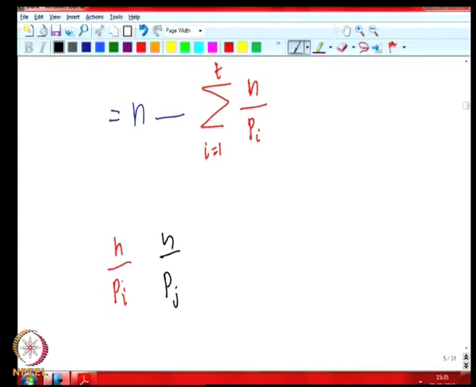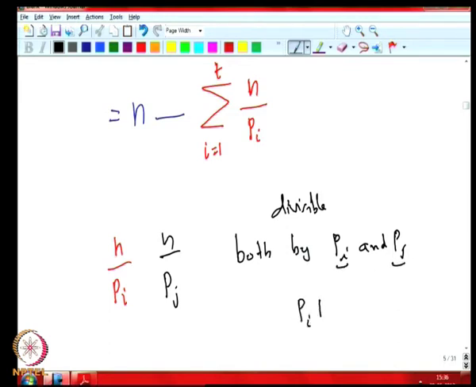But when you say the numbers which are divisible both by Pi and Pj, how will you find out? Because Pi and Pj both divide means Pi Pj divides it.